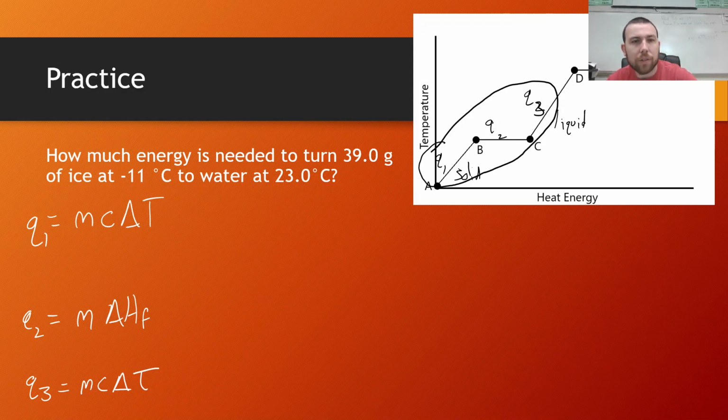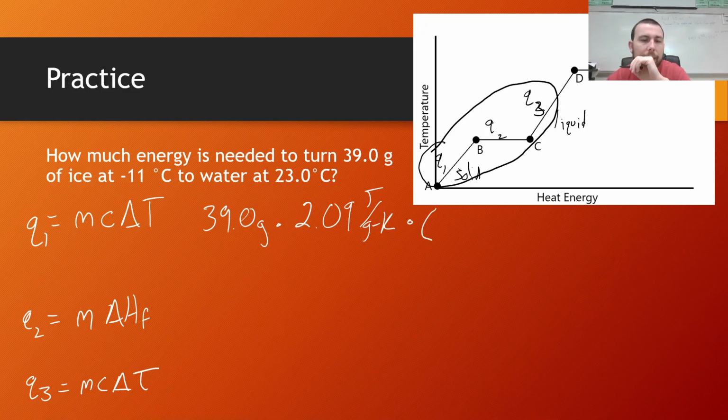So then our mass is 39.0 grams times 2.09 joules per gram Kelvin times our change in temperature. We were at negative 11 degrees Celsius, that's where we started. To get to water means we have to go to 0 degrees Celsius, so we need to know the melting point of water.